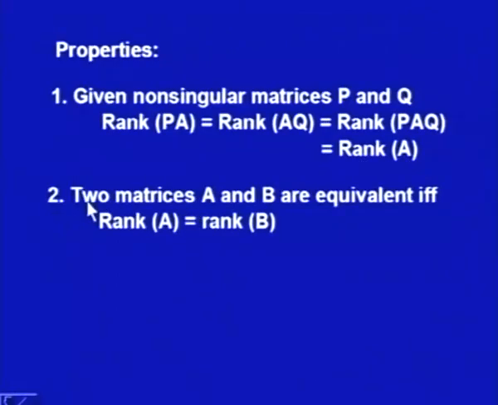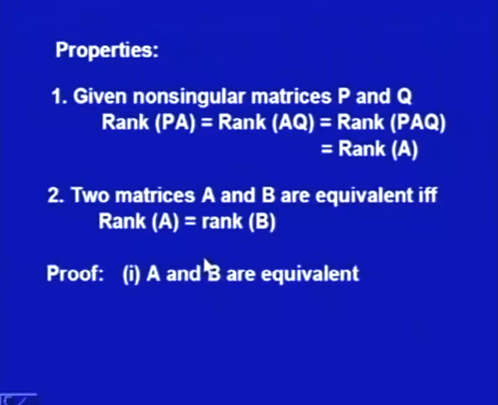Further, two matrices A and B are equivalent if and only if rank A is equal to rank B. So, the proof is simple. We first assume that A and B are equivalent, and that means there exist non-singular transformations P and Q so that we can write B as PAQ.